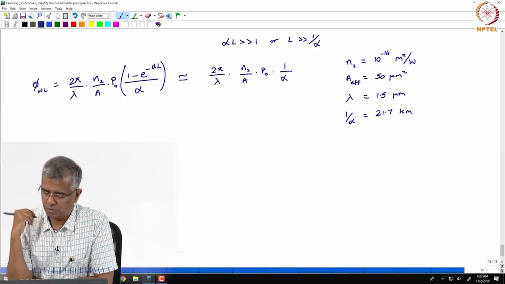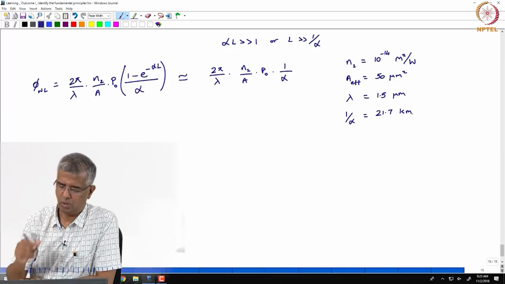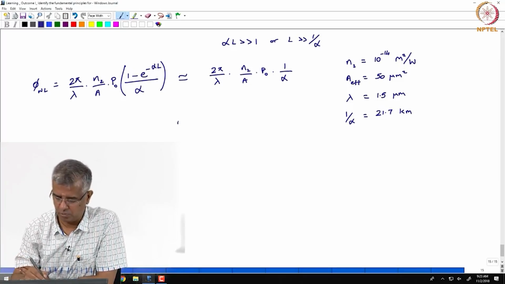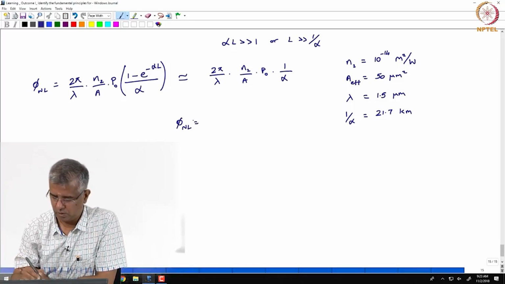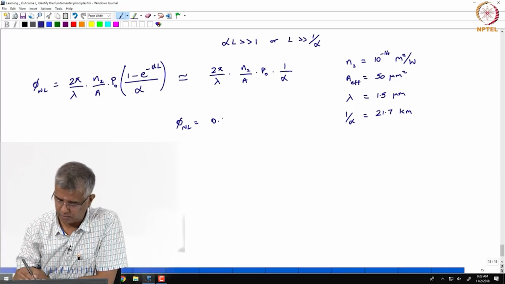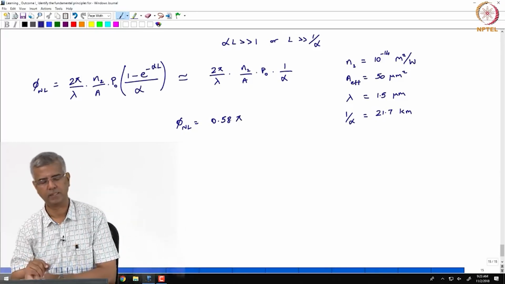So the question is, if you have 1 milliwatt of power, how much nonlinear phase do you accumulate? If you substitute all these values, what you will find is the nonlinear phase that's accumulated is 0.58 pi. Yes.